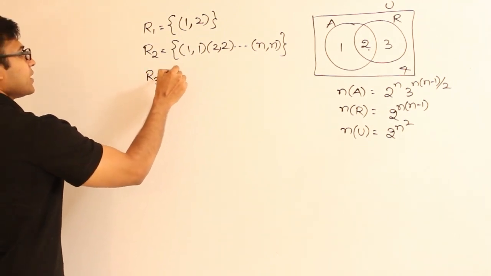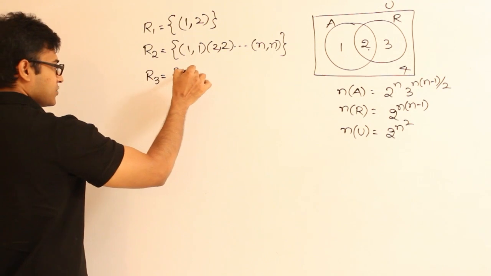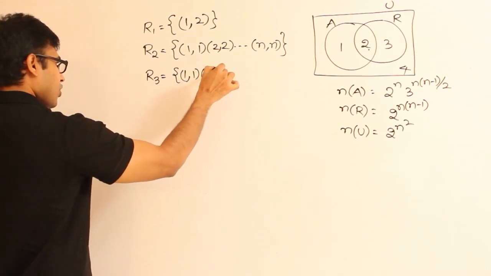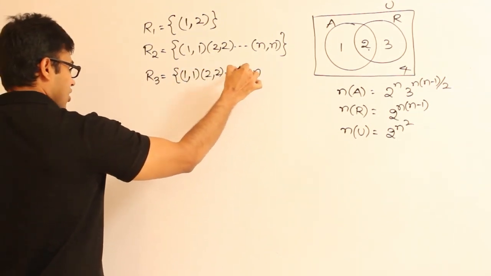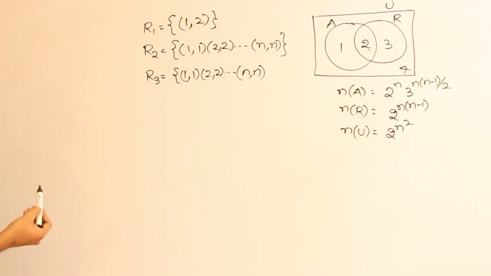Now R3. I want to find the relations for region 3. What is region 3? They are reflexive but not antisymmetric. If it has to be reflexive, we have to include all the diagonal elements. After including the diagonal elements, I just want to add some more elements in order to make it not antisymmetric.